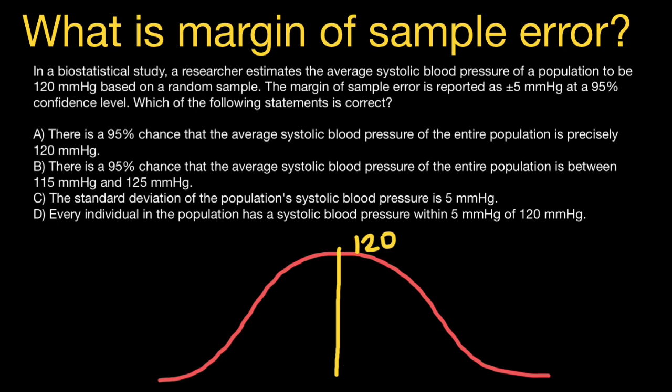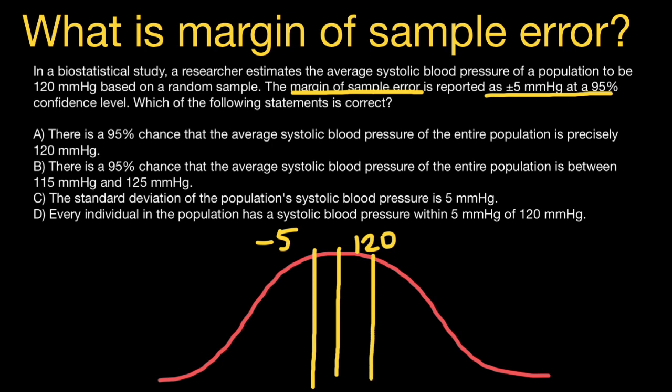According to our problem, we are told that the margin of sample error is reported as 5 millimeters of mercury. So we plot one line here, which would be minus 5, and another line here, which is going to be plus 5 millimeters of mercury.